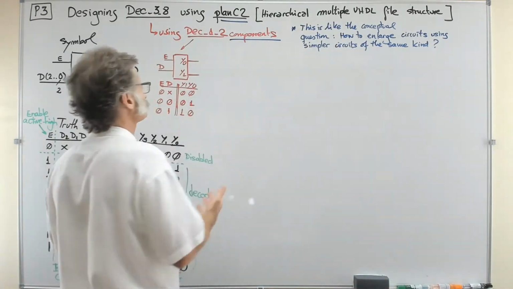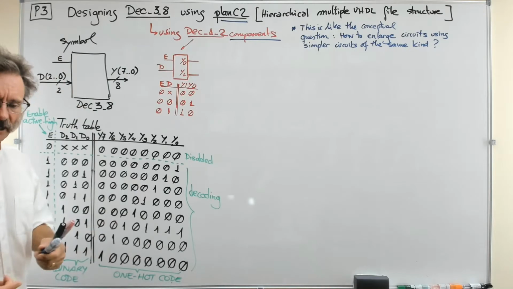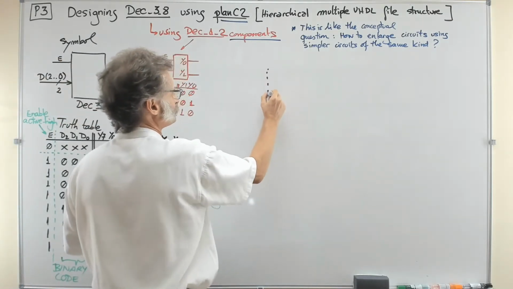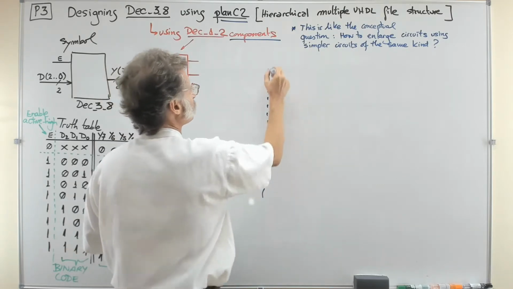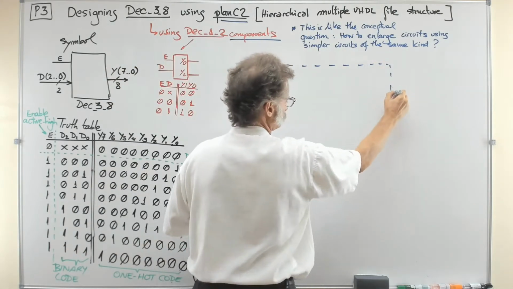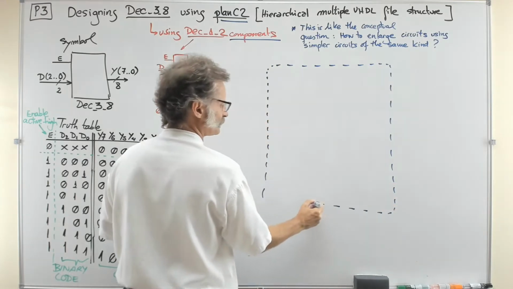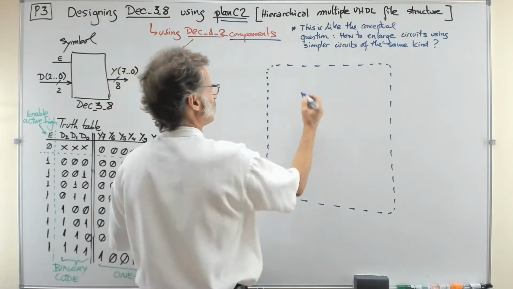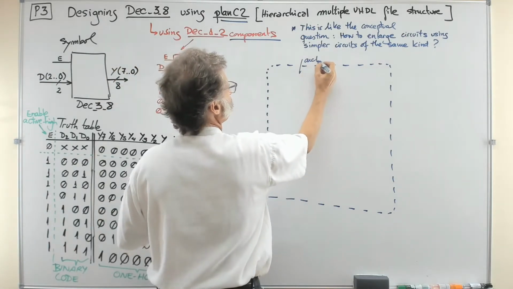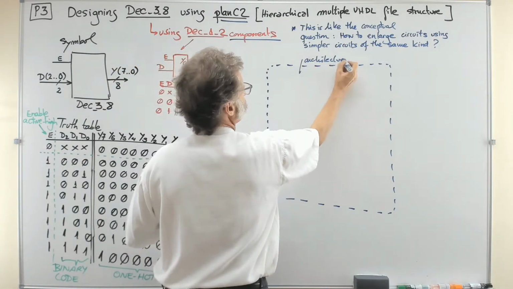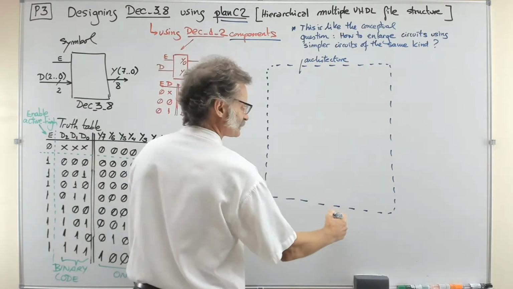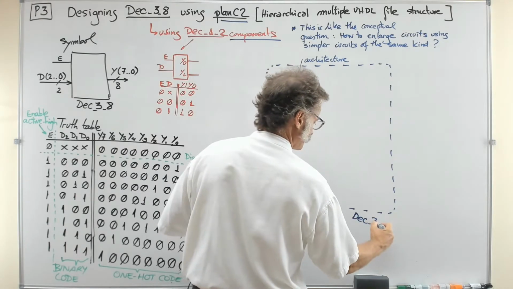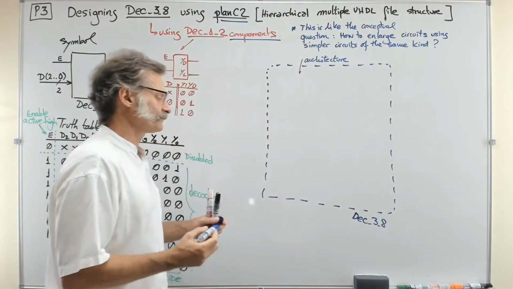So what to do? Well, a way to start this exercise is, as usual, let's imagine that you have to fill a box, let's imagine that whatever we have in mind to design has to be the architecture. It's the architecture of this large block that is the decoder 3 to 8, the binary decoder 3 to 8.